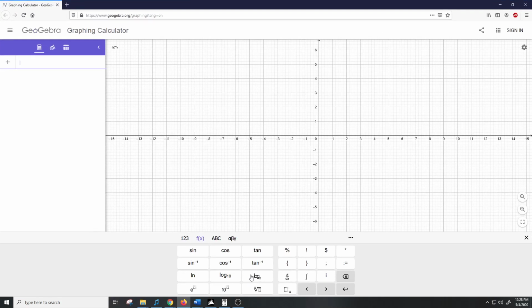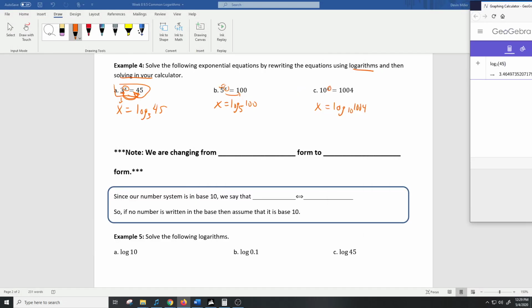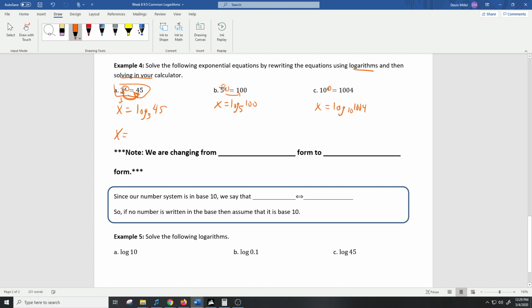So I want to click on log. There is a cursor right beside the log, and you can type 3. Then I'm going to move my cursor over, hitting the arrow, and type 45, and it'll give you your answer. Log base 3 of 45 is 3.46. We'll just go to 2 decimal places. So x equals 3.46.